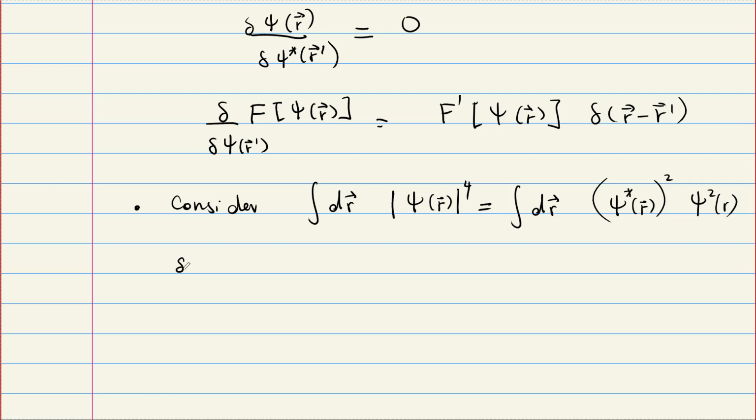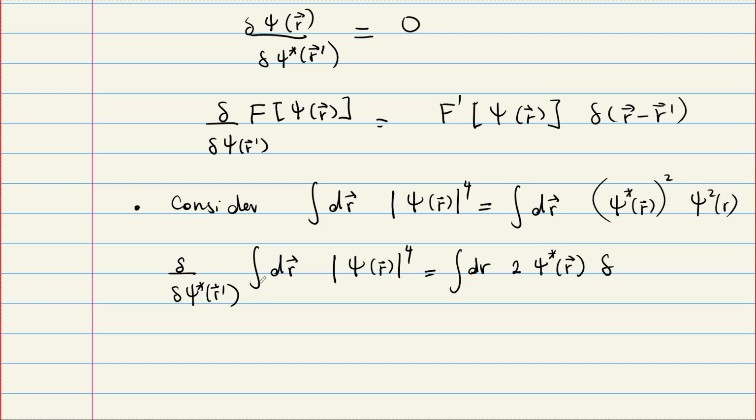So ∂/∂psi star of r prime acting on this thing is going to be equal to the integral dr, right? I take the functional derivative. This is 2 psi star of r, now there is delta of r minus r prime, times psi squared of r.